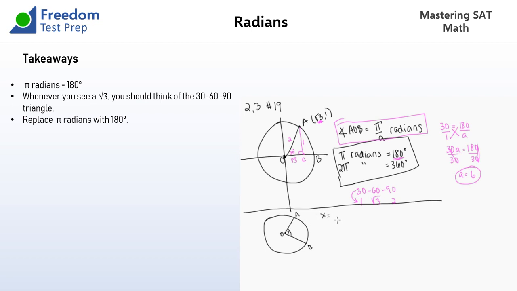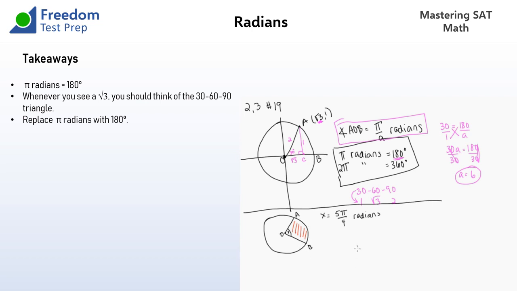X equals, let's say, 5 pi over 4 radians. The question may say, the area in here is what fraction of the area of the entire circle?